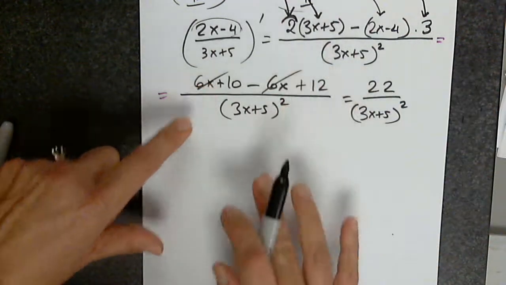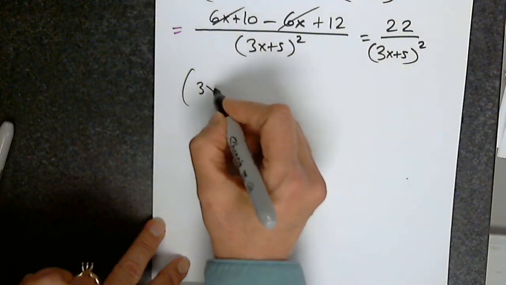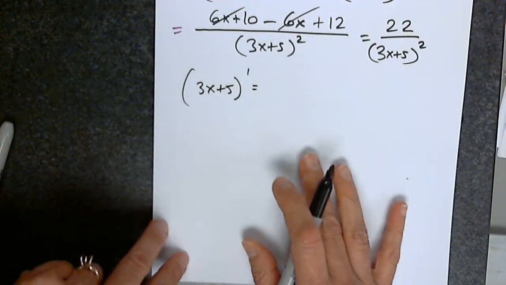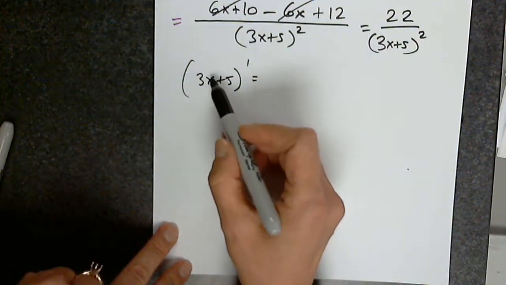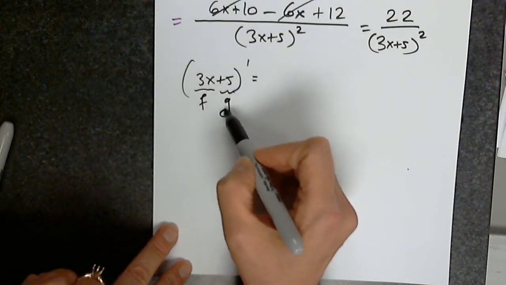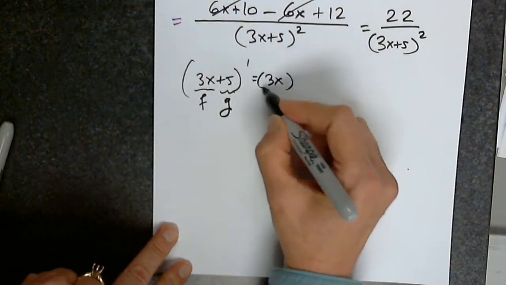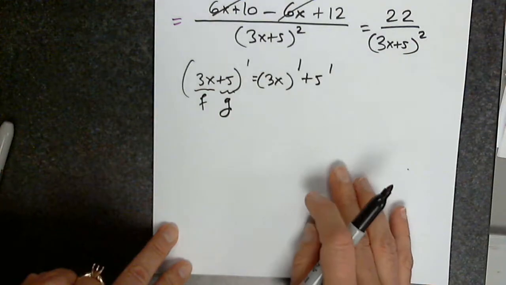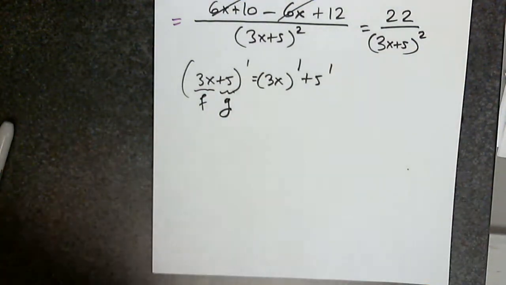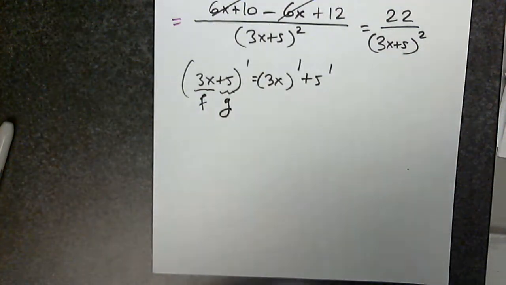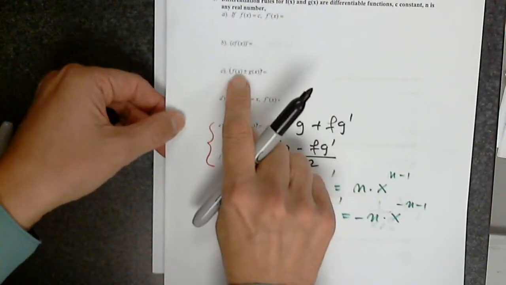This one? Yeah. Okay, so let's differentiate 3x plus 5, right? So we know that this is a function f and this is a function g, and I can write 3x prime plus 5 prime, right? We had this rule, the sum or the difference.